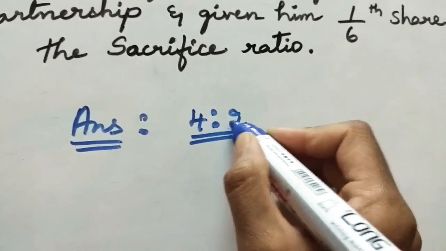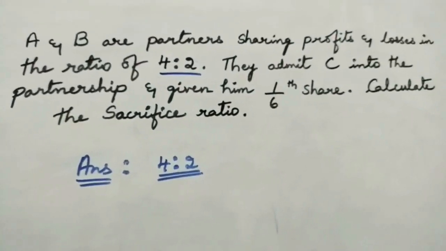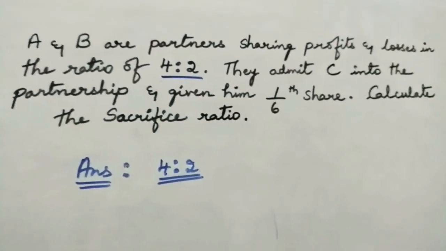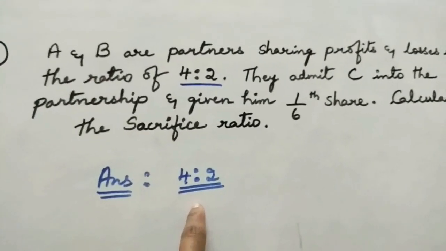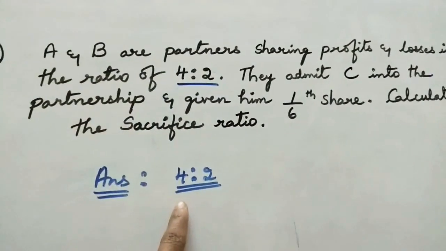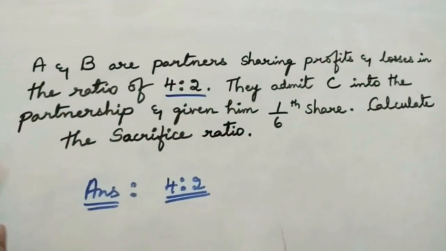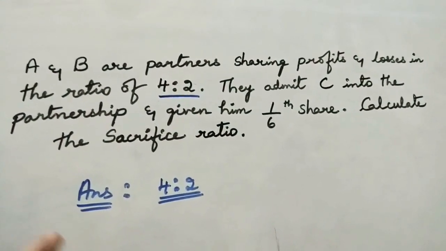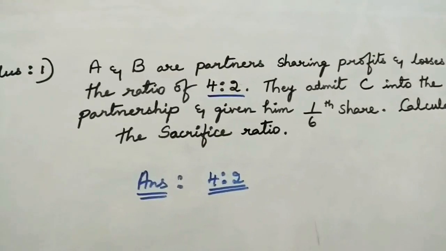This is going to be the share sacrificed by the old partners. So when there is no further information given, we only take the same old share as the sacrificed share. This type of question is sure to appear for 1 mark as objective type. So be very clear with this type of case.